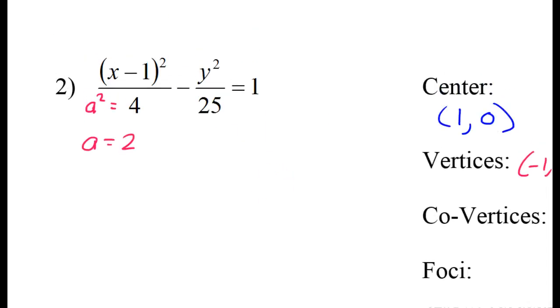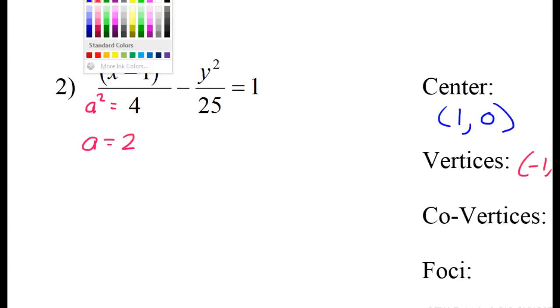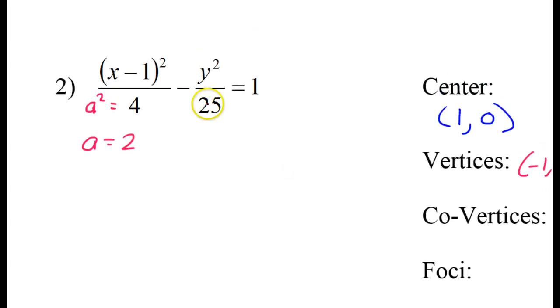All right, next we need the b value. Don't be thrown by the fact that this number is bigger. That happens half of the time for hyperbolas. The b value, b squared, will always be second. It'll always be in the denominator of the negative term. So b is 5. Because the 25 is with the y term, I'm going to do my plus or minus 5 in the y direction.